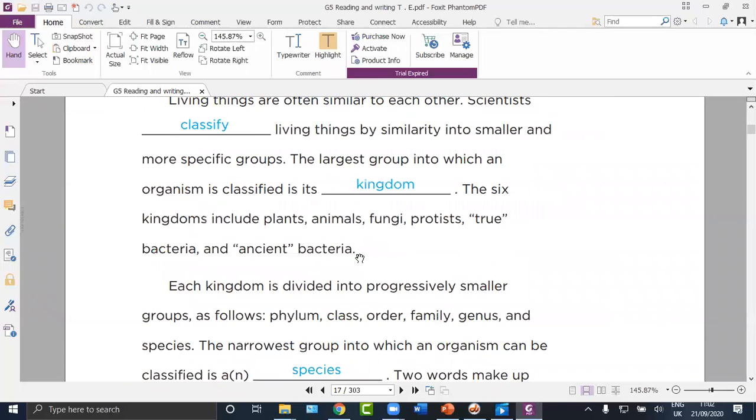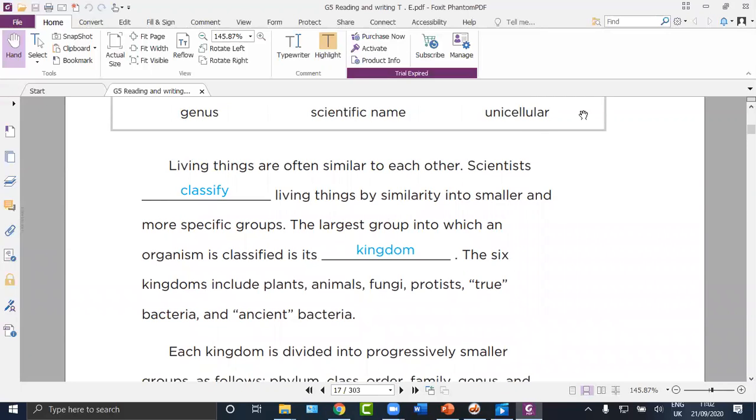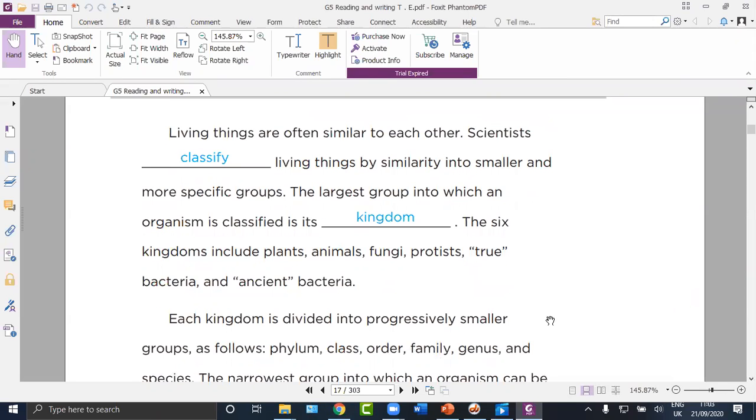Page 10. I will choose Yasin Mahmoud. Living things are often similar to each other. Scientists classify living things by similarities into smaller, more specific groups. The largest group into which an organism is classified is its kingdom. The six kingdoms include plants, animals, fungi, protists, true bacteria, and ancient bacteria.